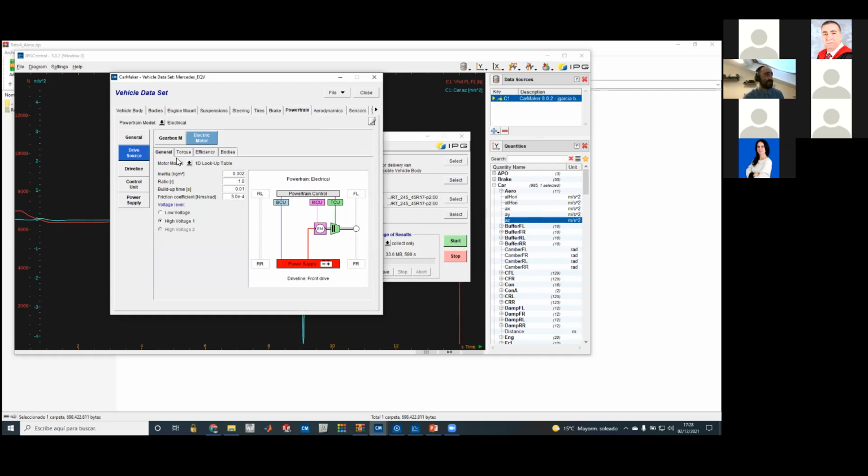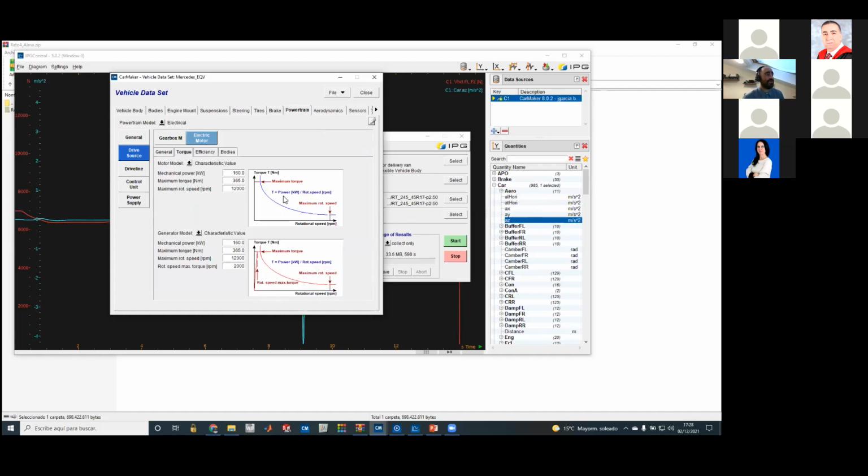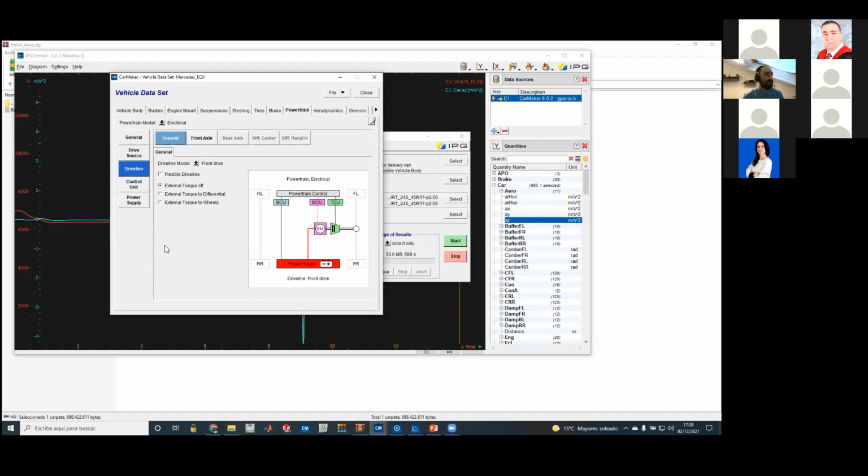Once you have decided the architecture of your drivetrain, you just have to define the power and torque. This is the torque versus rotational speed of the engine in motor mode, or of the engine in generator mode. Same for the driveline.